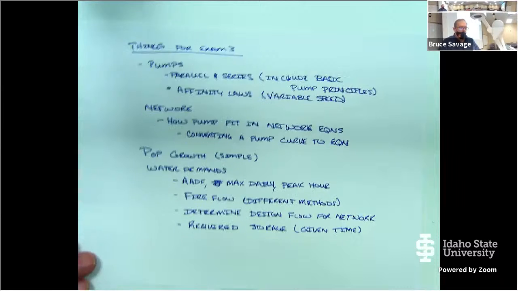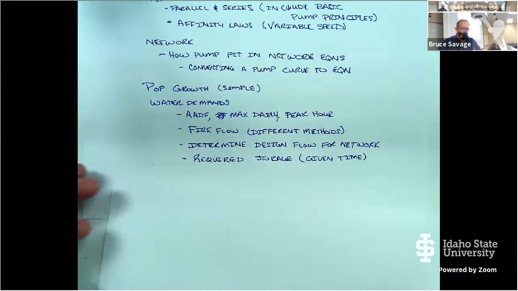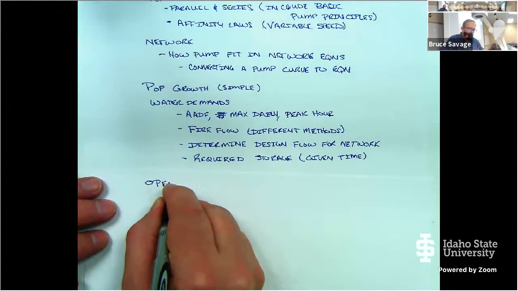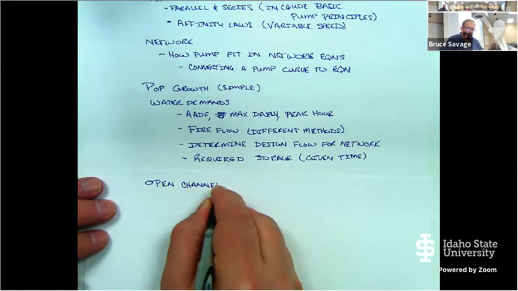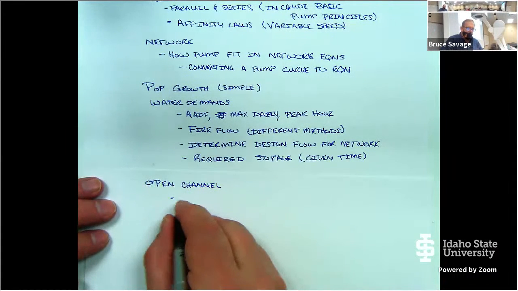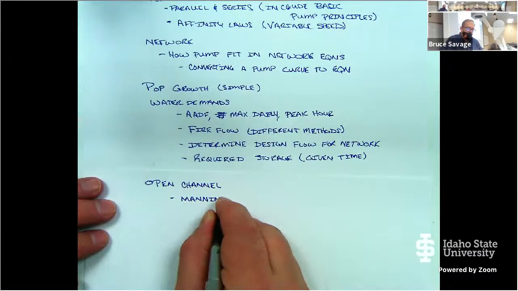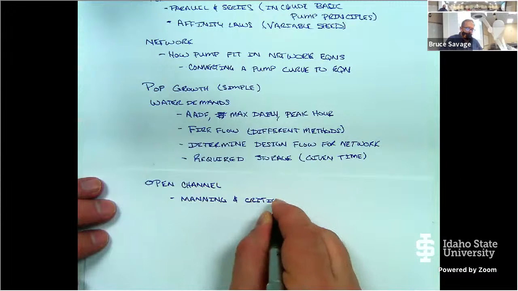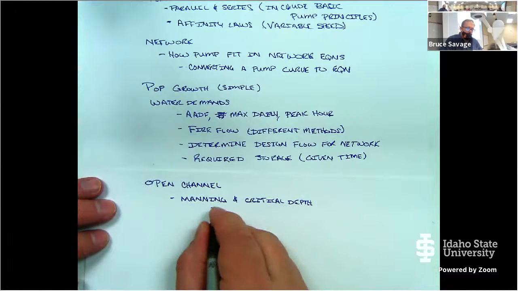And then from the water demands, we jumped over to open channel flow. So we talked about open channel, and we looked at Manning's equation and critical depth for pipe flow.